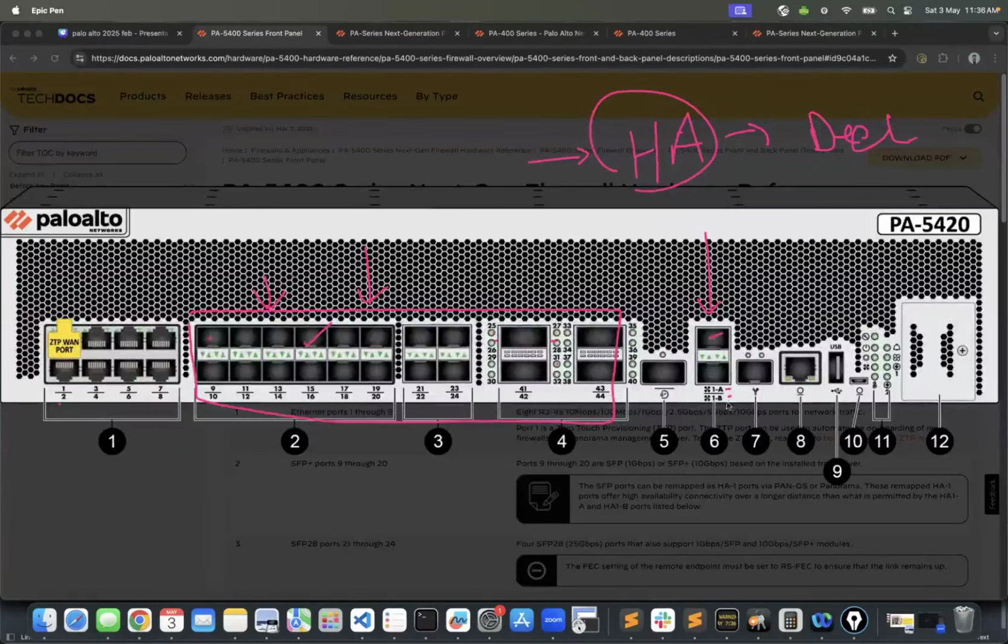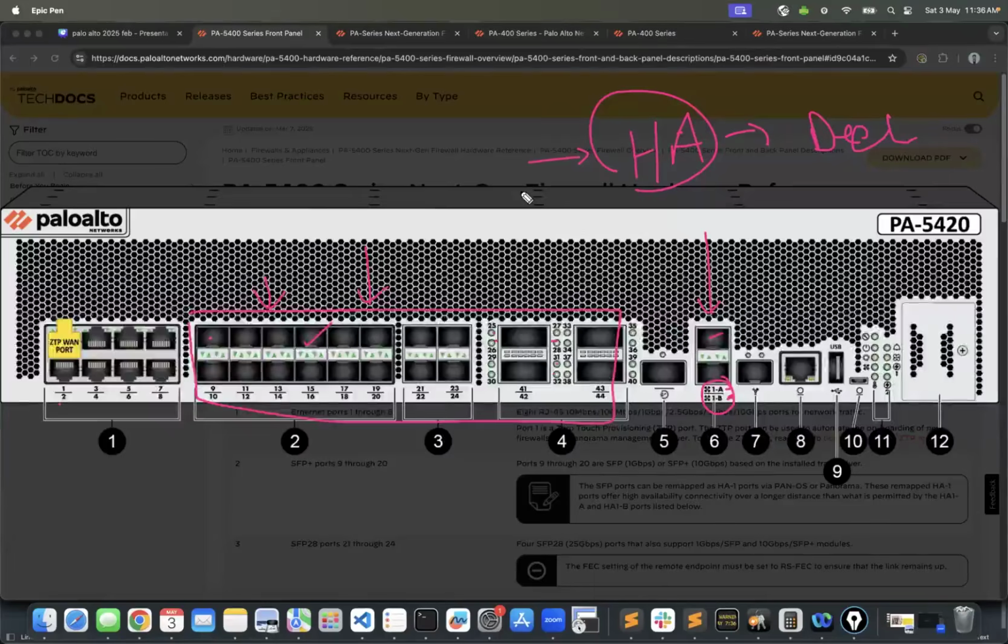A means active and B means backup. Palo Alto gives you a dedicated failover port plus a backup for the failover port as well. That is important here. But not all models have the same port configuration; it depends on the model and its size.